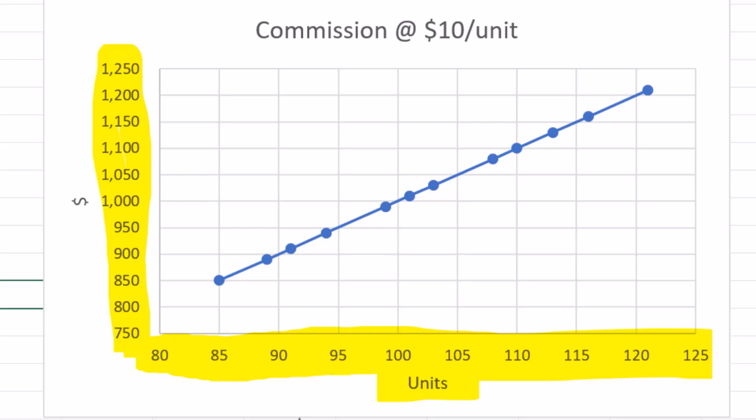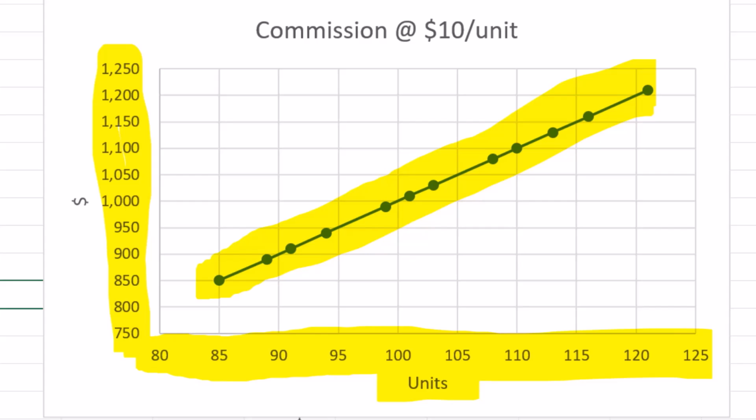And look at this. We see that there is a relationship between the units and the cost. That is the idea of correlation. When one variable changes, how much change is there in the second variable? And in this situation, we see positive correlation because as the units increase, the cost increases as well.